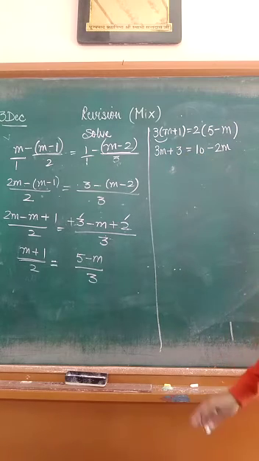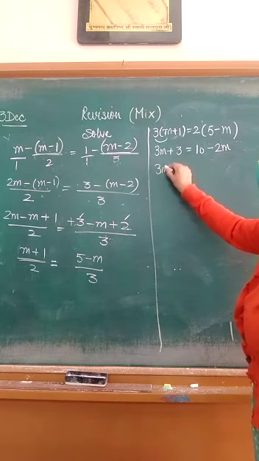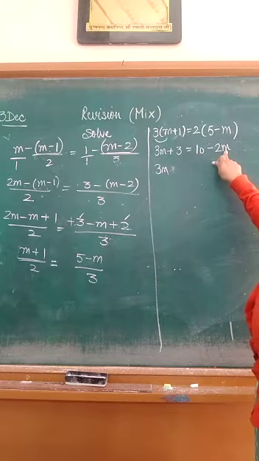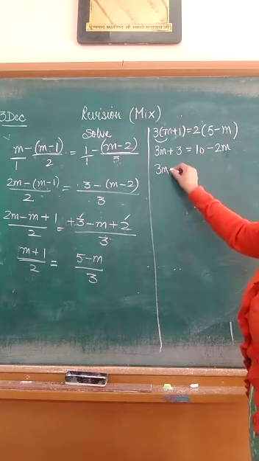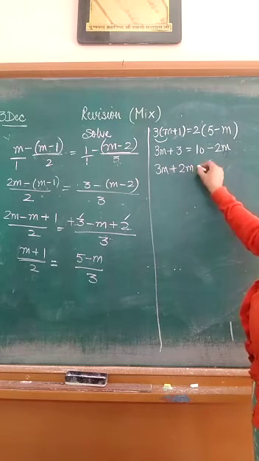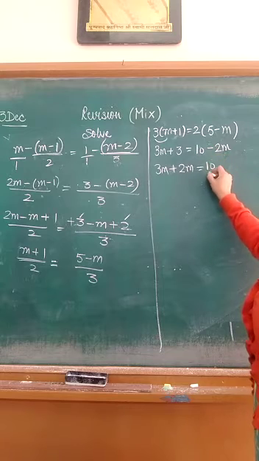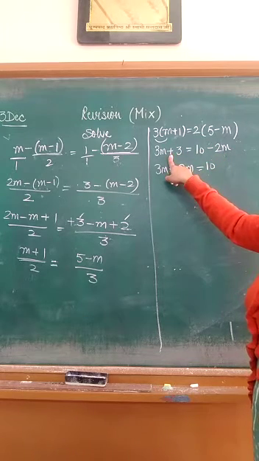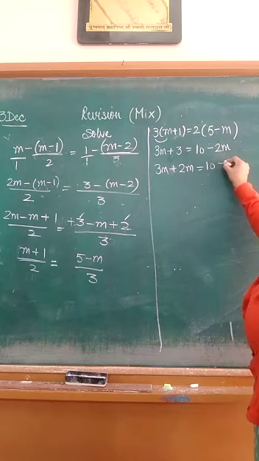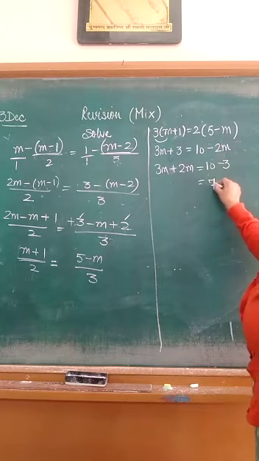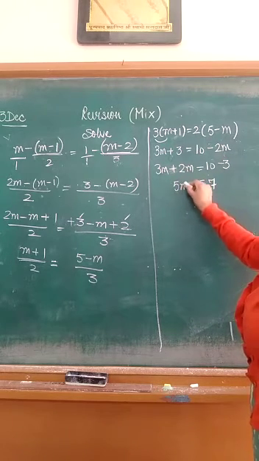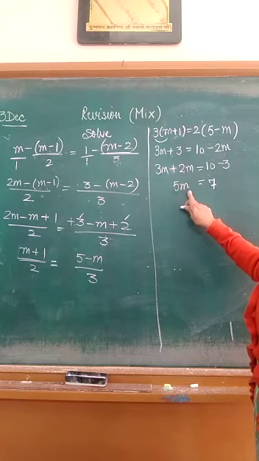Now collect the like terms. 3m, this minus 2m value, when you shift this on the left hand side, it will become 2m plus 2m. 10 is there on the right hand side. This plus 3, when you shift on the right hand side, it will become minus 3. That will give you 7, and from here you will get 5m. 5 and m are multiplying.